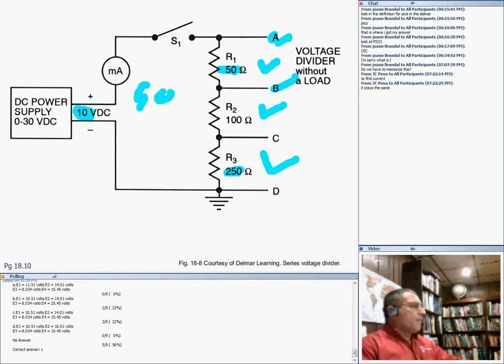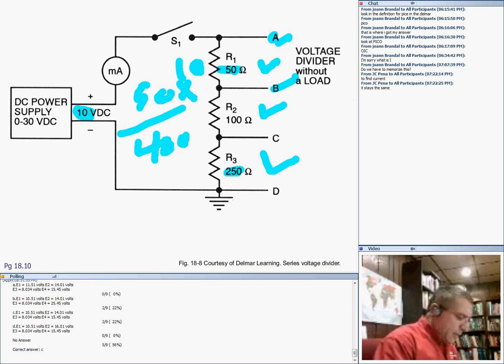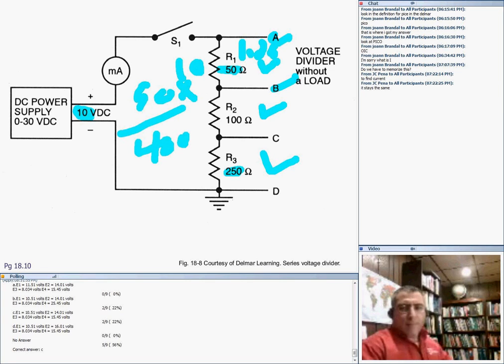You take the 50, divide by 300 plus 400, all of them together, and multiply by 10. So it would be 5 times 10 divided by 40, so 1.25 volts right in here.